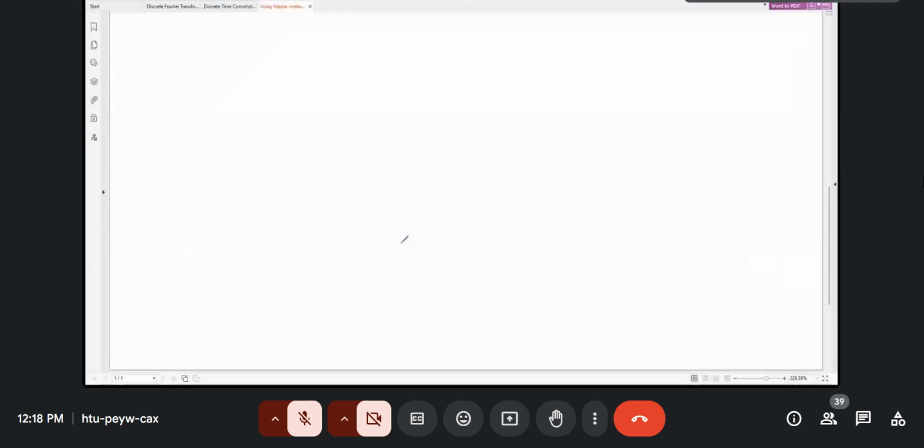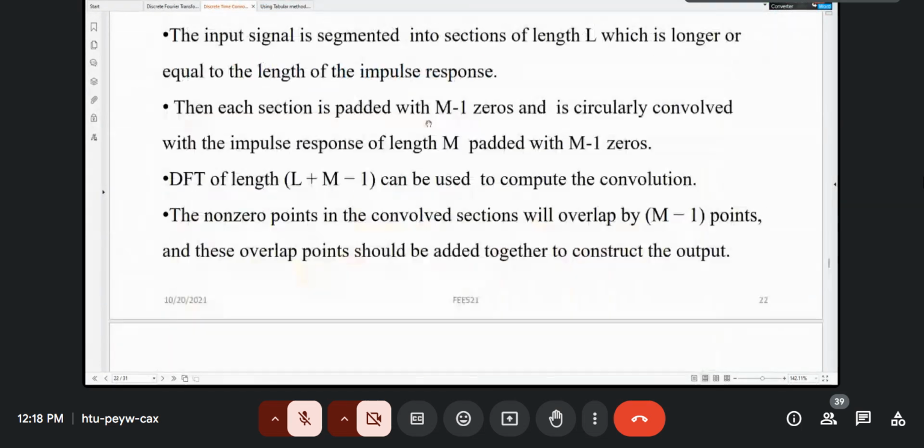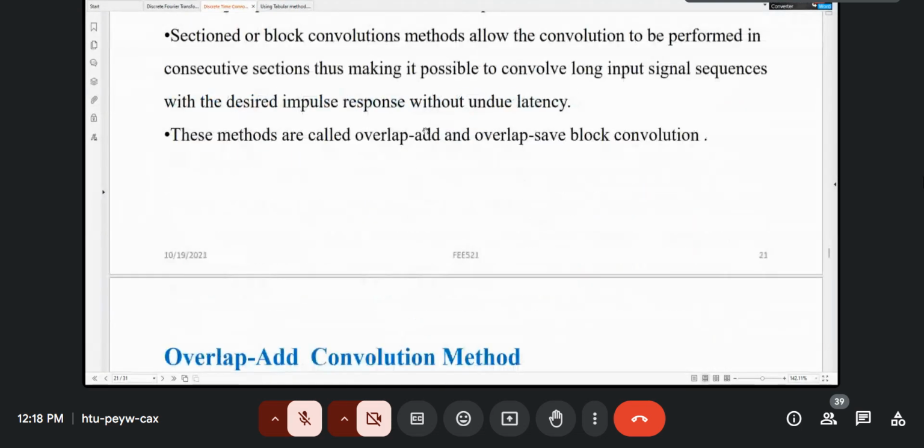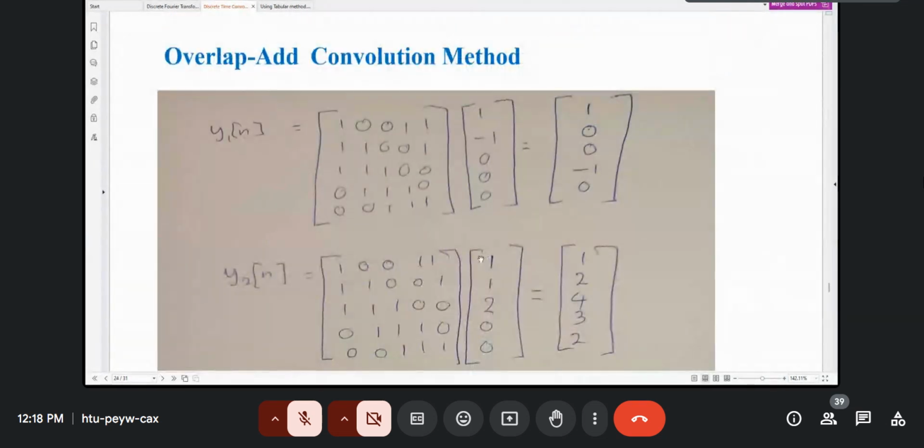I think the sequence is not that one. The sequence is a bit different. Let's see what sequence we have here. The original sequence is here. I think this is the 2 I left. 1, minus 1, 0, 1, 1, 2, 0, 1, 2, 1.